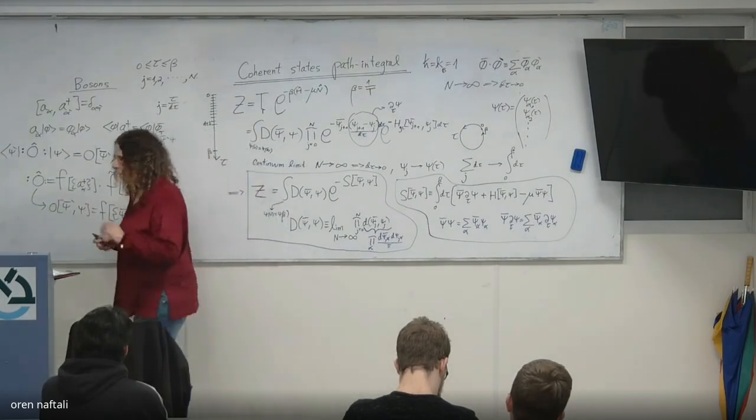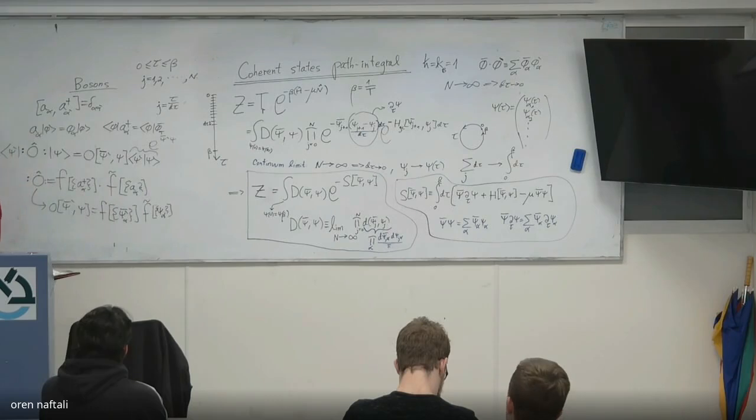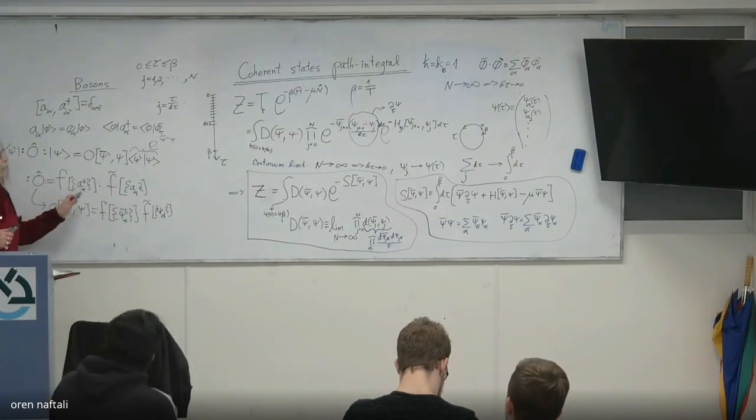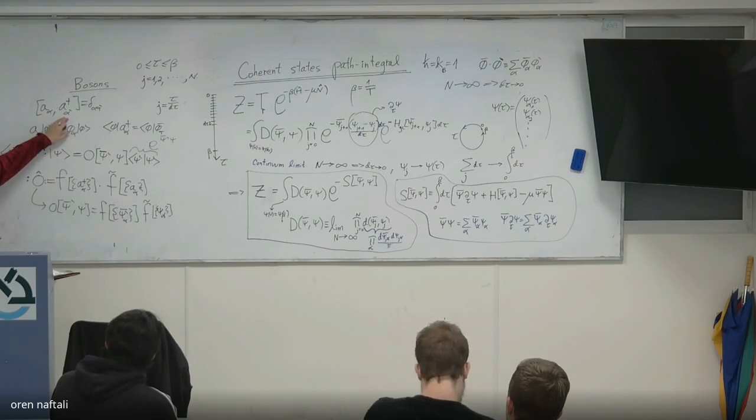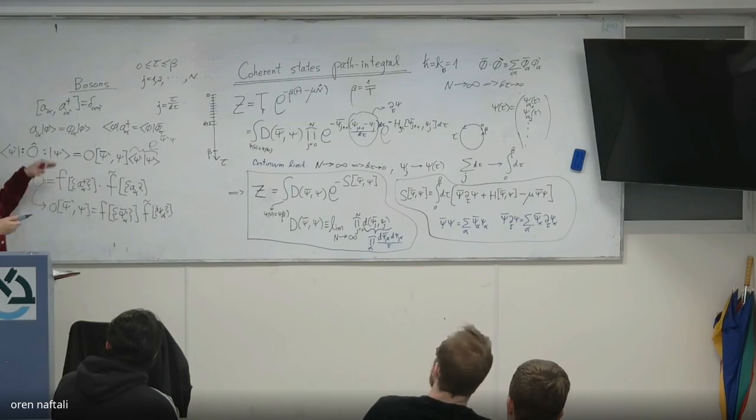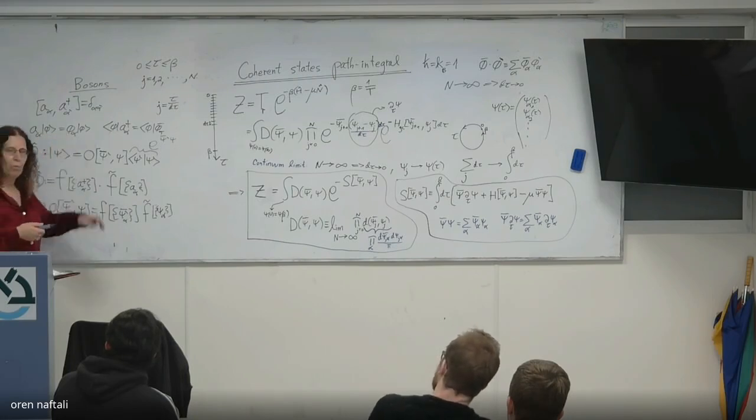One thing that I just want to say as a final note: notice that all of this started from bosons. We do want to be able to solve similar problems for fermions. But fermions do not obey commutation relations, they obey anti-commutation. And all we've done here, which assumes complex numbers, will not work for fermions.